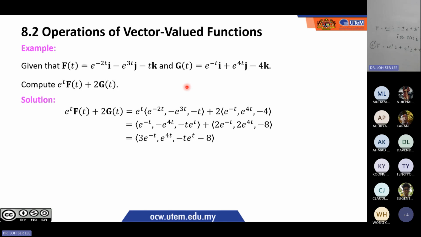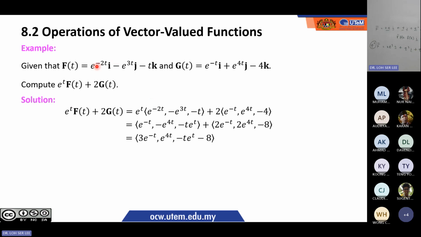For the first example, given f and g, we want to compute e^t times f(t) plus 2 times g(t). So e^t will be multiplied to every single component. There are different ways to present a vector.